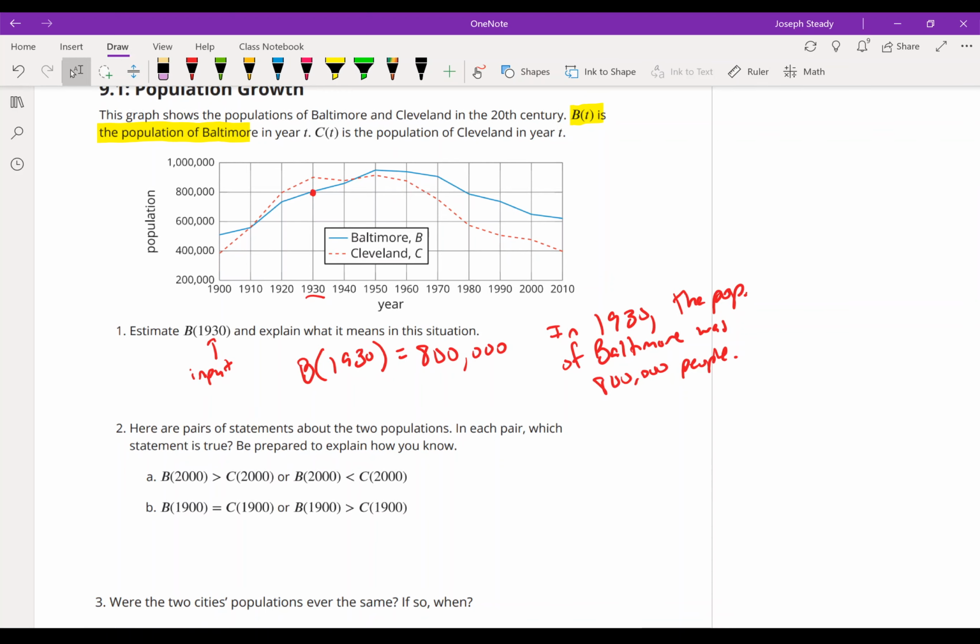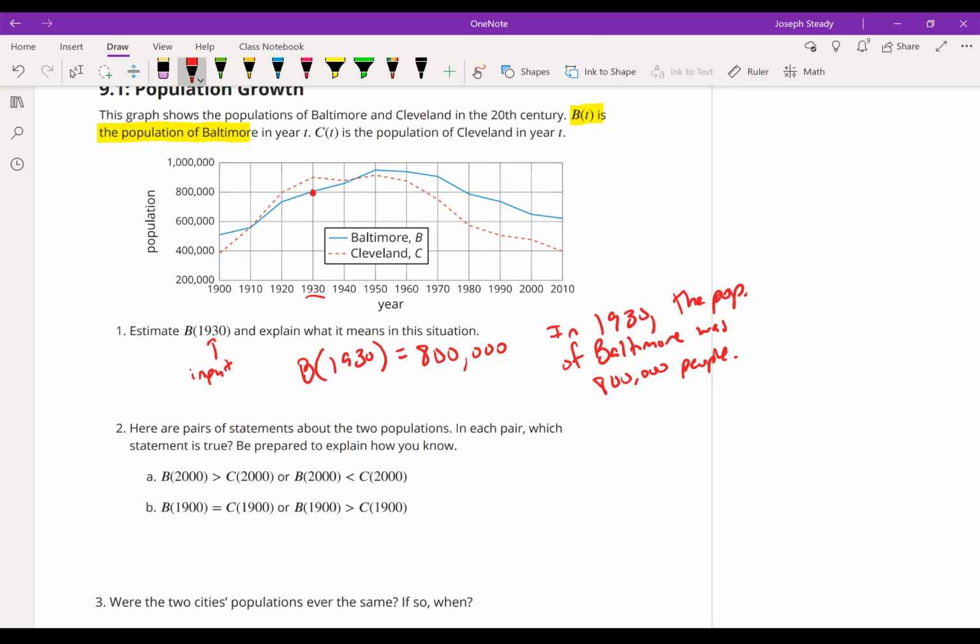Question 2 gives us two pairs of statements, and what we want to do is decide which statement is true. So if we look at part A, we have to decide, is B of 2000 greater than C of 2000, or is B of 2000 less than C of 2000? Only one of those is true.